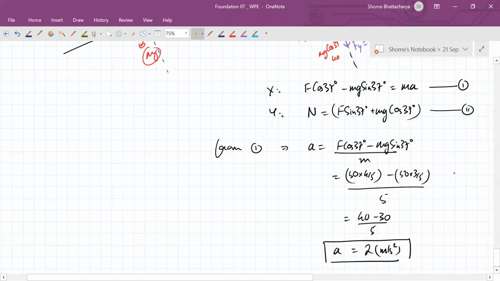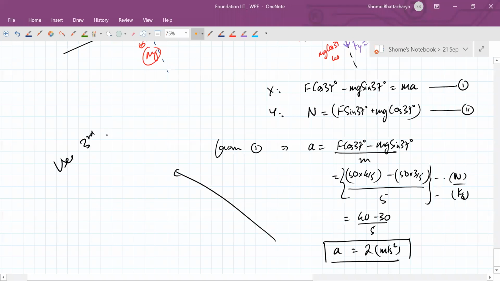Because this is in newtons, this is in kilograms below the denominator. So anyhow, now you've got the acceleration. Now use kinematics. Use the third equation of motion along a straight line: v square is equal to u square plus 2as.